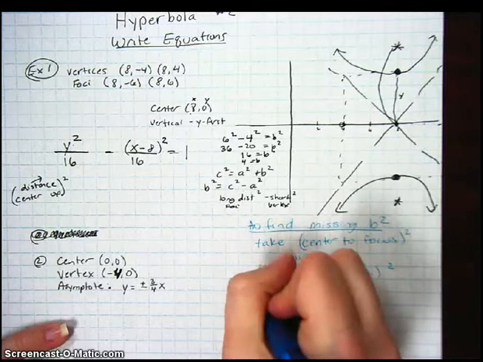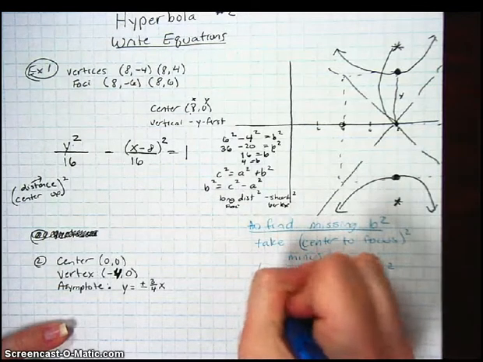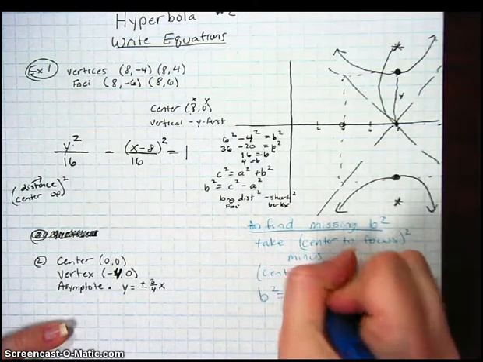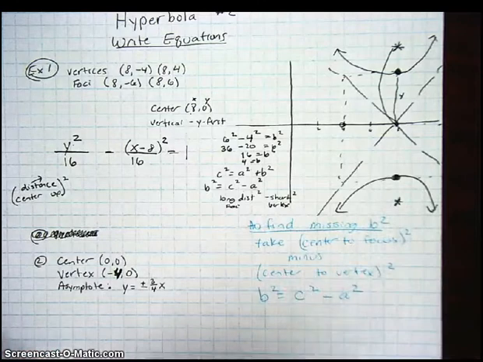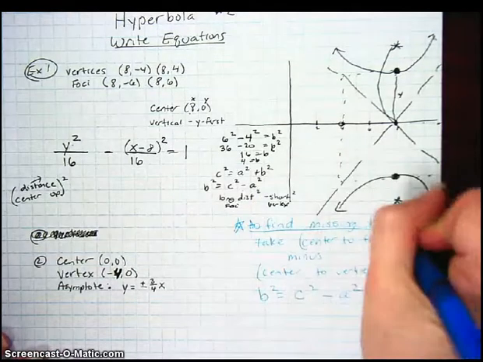Again, we'll rewrite it as b squared equals c squared minus a squared. That way you have something special written out over there to help you find that missing b squared.